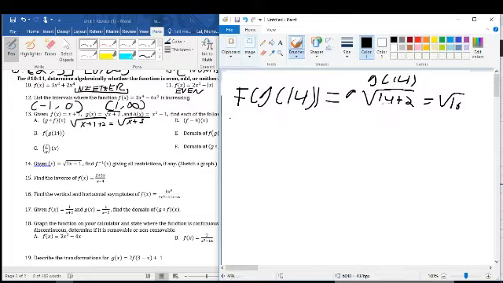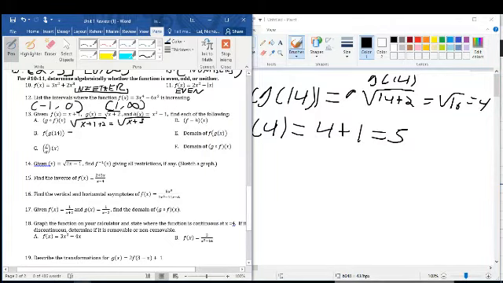So that square root of 16 is equal to 4. So then you're finding f of 4, which is equal to 4 plus 1, which is equal to 5. F of g of 14 is equal to 5.